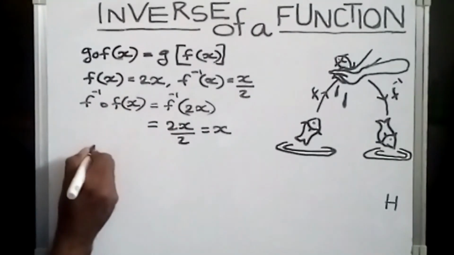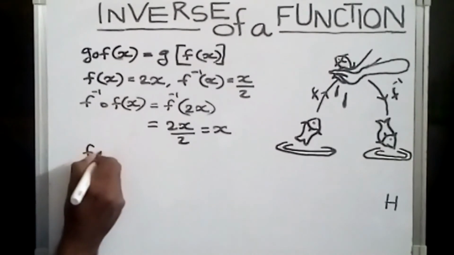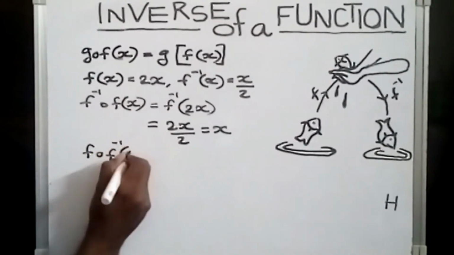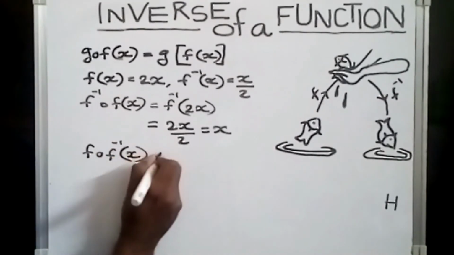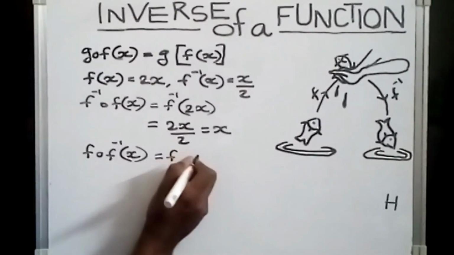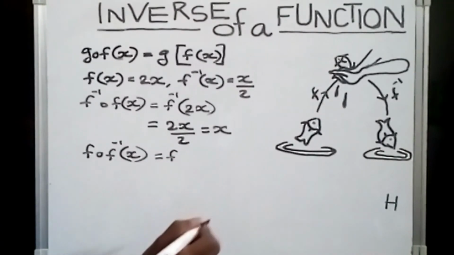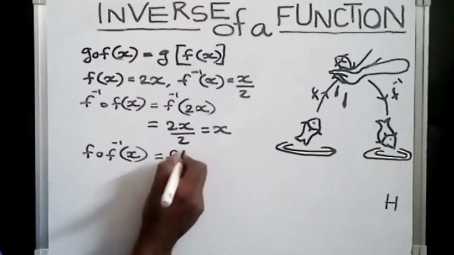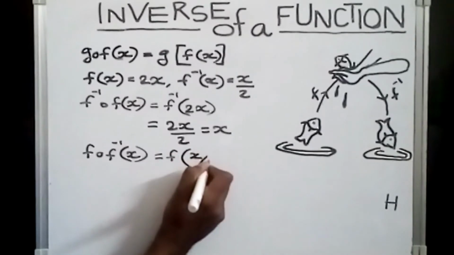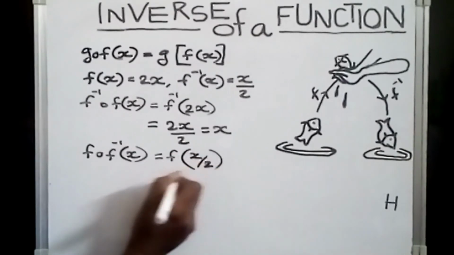And similarly, f of f inverse of x. What is f inverse of x? It is x by 2. So we need f of x by 2.